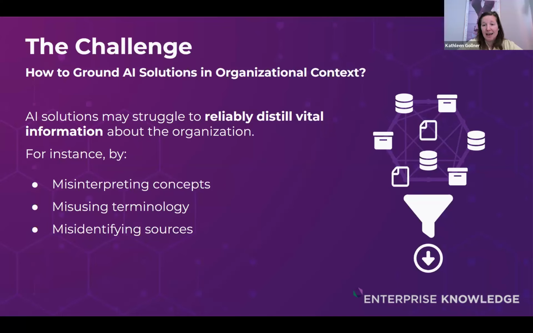That includes all of the content, both structured and unstructured, as well as data sets and any other forms of records that may be useful inputs for the AI solutions. And all of those are great and wonderful inputs.